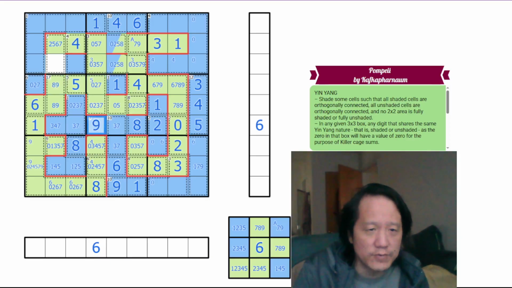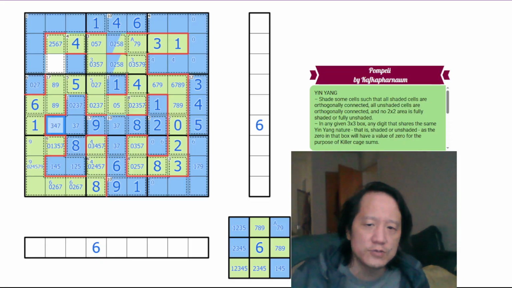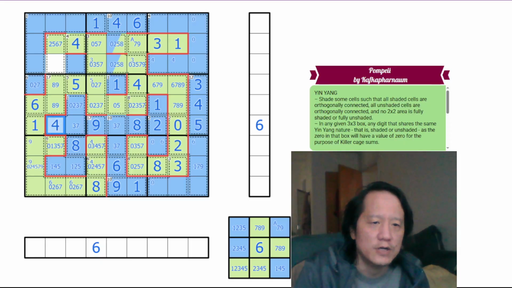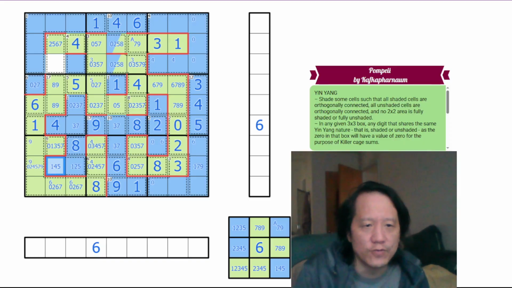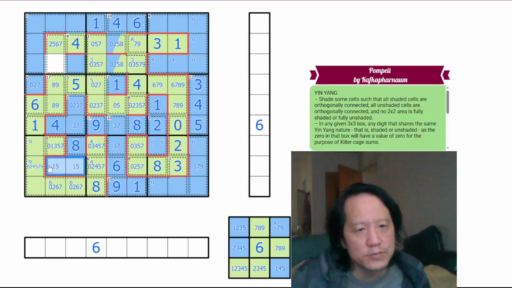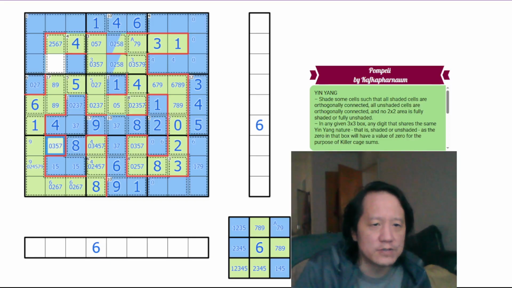We have a 3 7 pair in row 6, which eliminates 3 and 7 in the rest of the row. This is 4, so this cannot be 4 here. No 4 and 2. This would be a 1 5 pair, which eliminates 1 and 5 in the rest of the box and row. Those can't be 1 there.